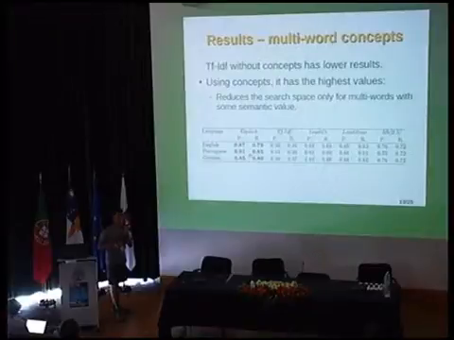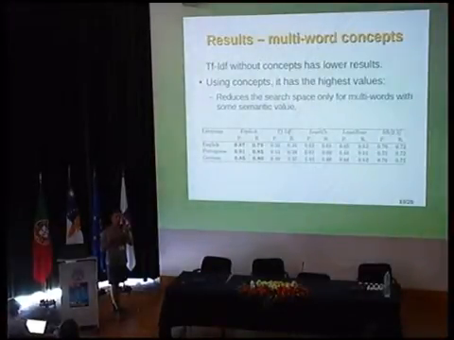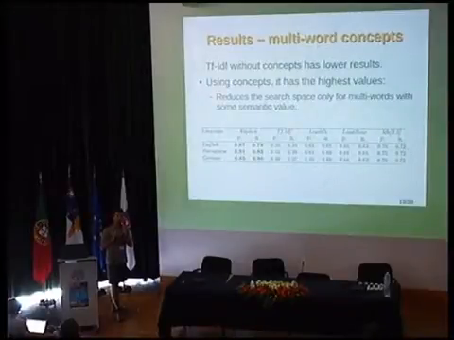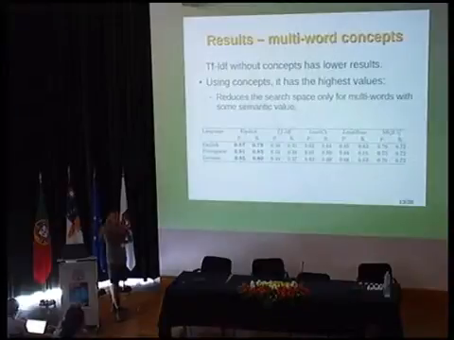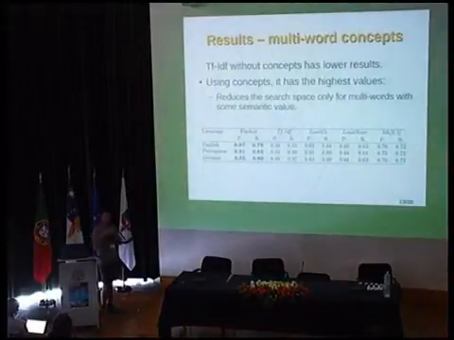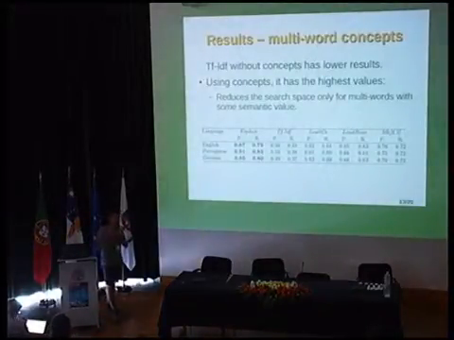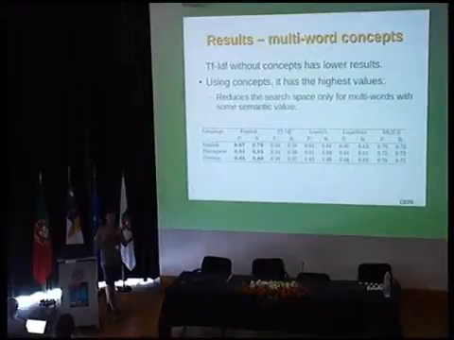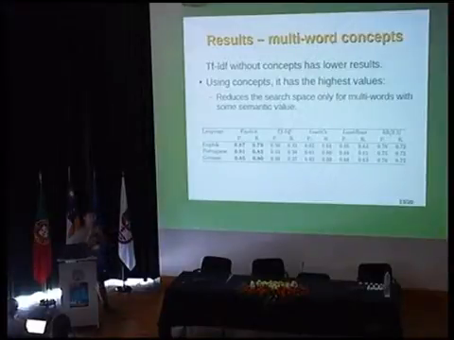Basically, for the explicit descriptor, we are reducing the search space and giving it to TF-IDF. So the magic in the explicit descriptor is that we use TF-IDF only on concepts. That's why we have better results than TF-IDF applied to everything.